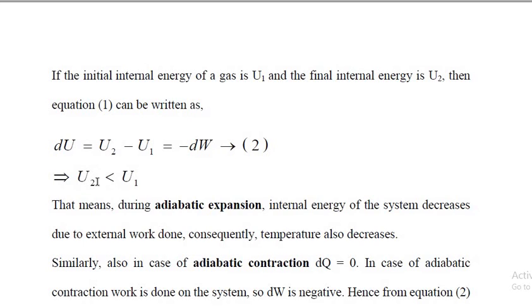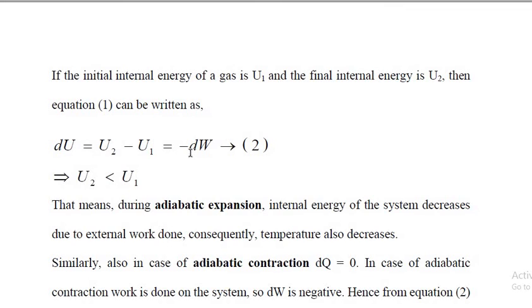This implies U2 is less than U1. See, it is minus dw. Only if U2 is less than U1, you will get minus dw. Okay. So, this means during adiabatic expansion, internal energy of the system decreases due to external work done.